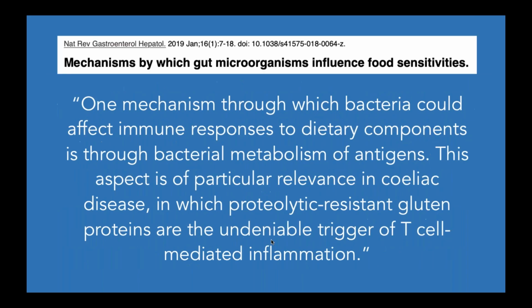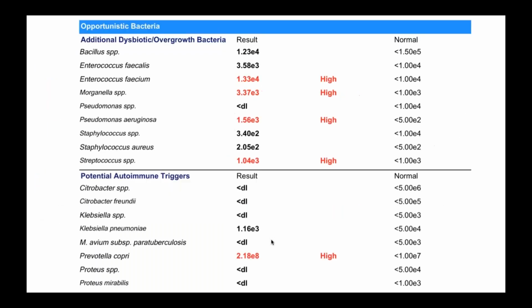All right, so let's go back up and take a quick look at the results here. We can see for this particular patient that Pseudomonas aeruginosa is actually present at a high level. So in this context of reduced digestion, that's potentially delivering more protein antigens into the duodenum, and then through the activity of this particular organism, Pseudomonas aeruginosa, if gluten is being consumed, that can result in a worse situation related to gluten sensitivity and celiac disease.